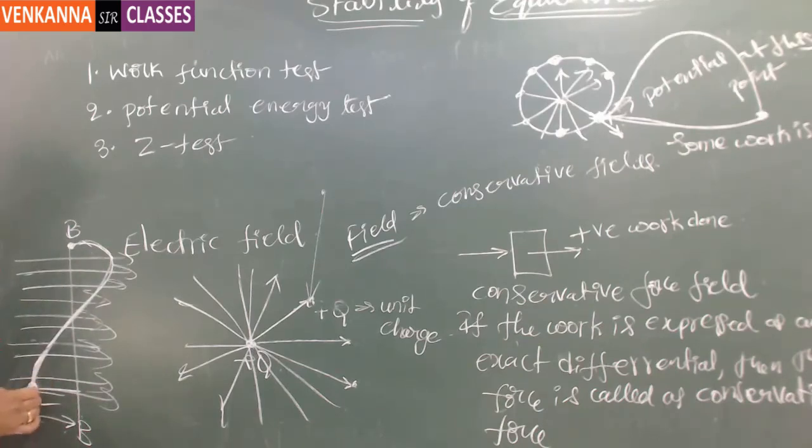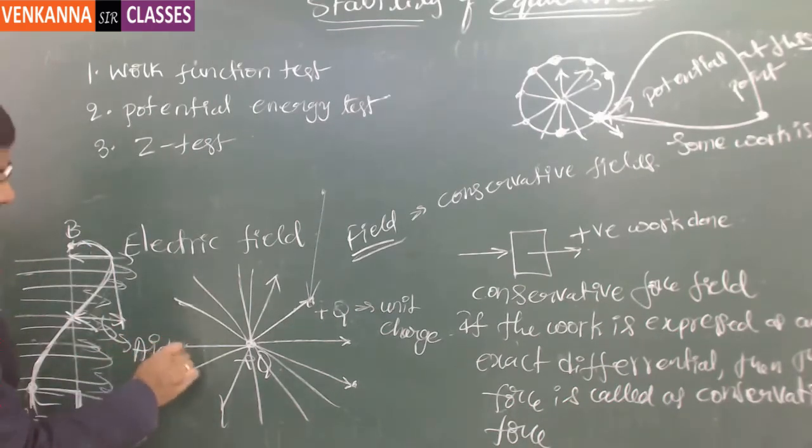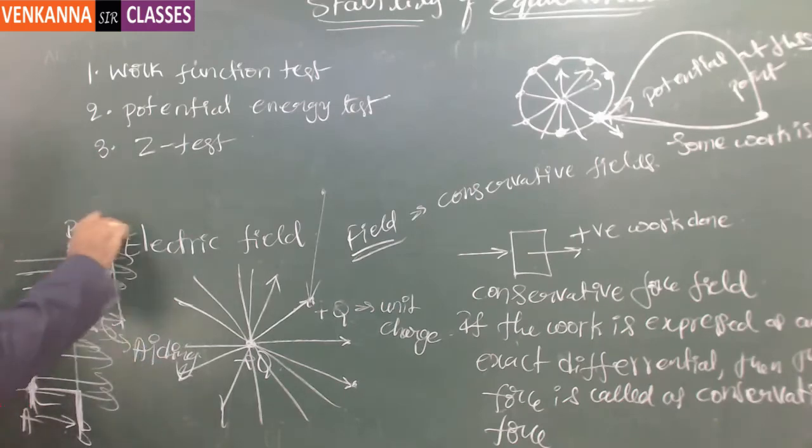Now, whatever the component of the force that got aided in this particular duration in moving this direction, the same force is getting opposed in this direction. From here to here what happens is, till this point it is aiding, and till this point it is opposing. This is the aiding and this is opposing.